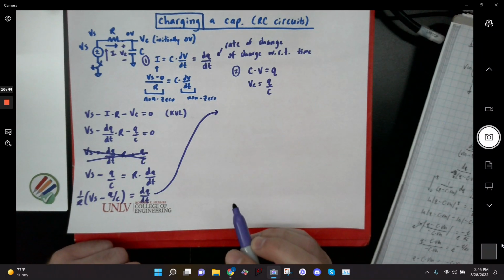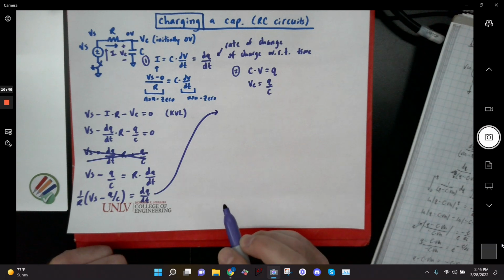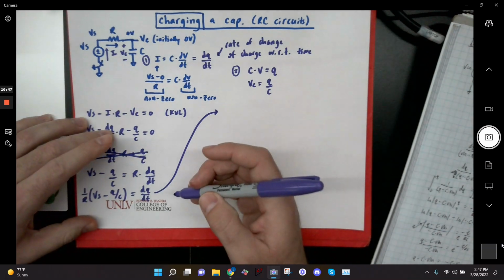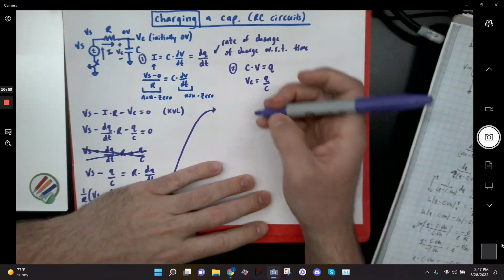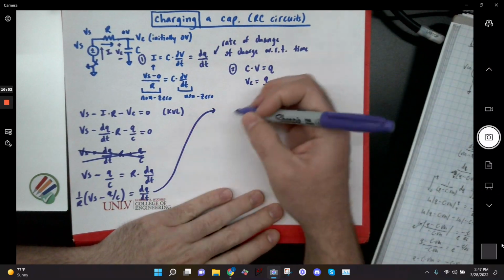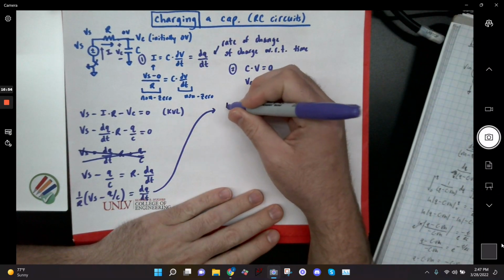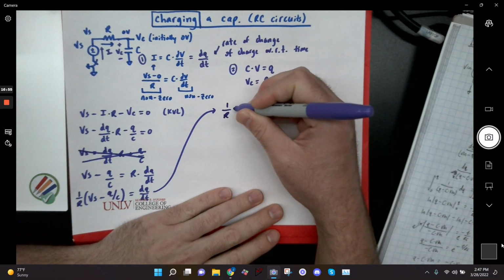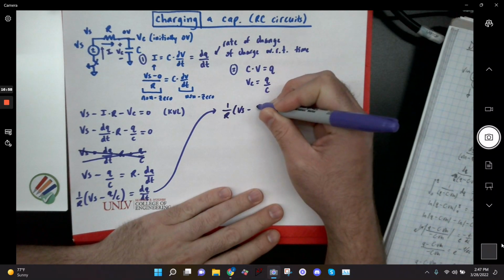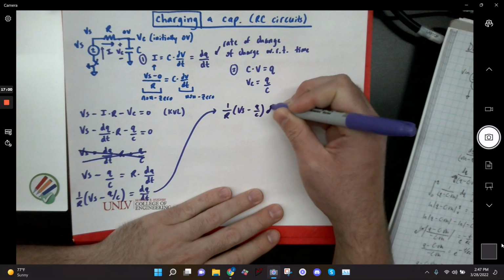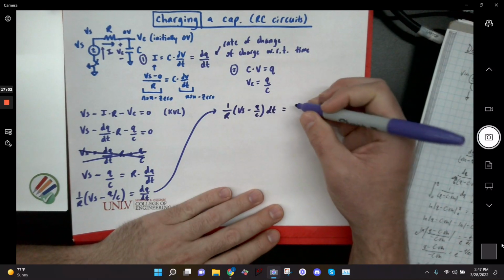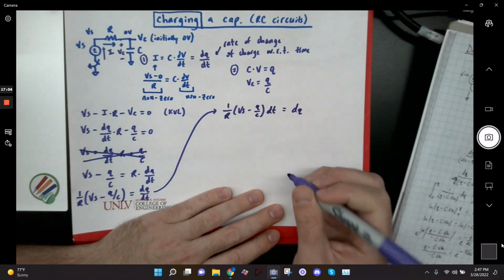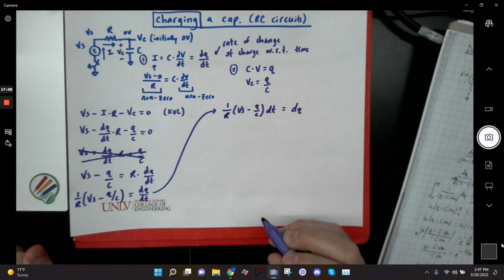So what I'm going to do now is the separation of variables, which gets me to move the dt to the other side, so that I have the dt on one side and the dq on the other side. So I end up with 1 over R times Vs minus Q over C dt is going to be equal to dq. Okay?